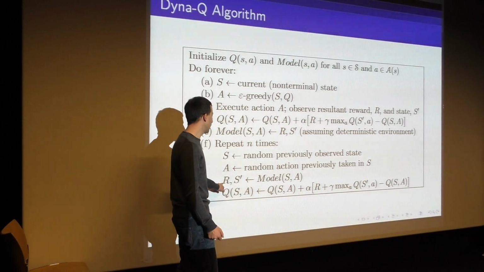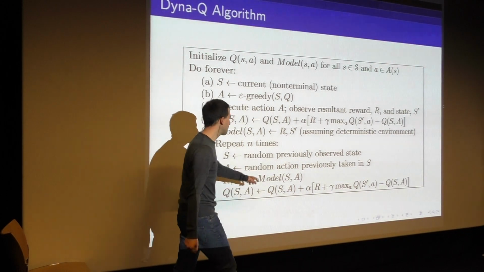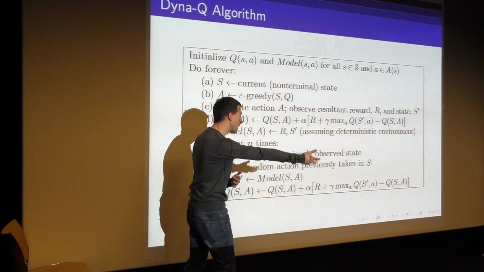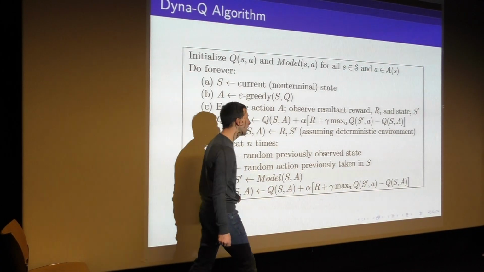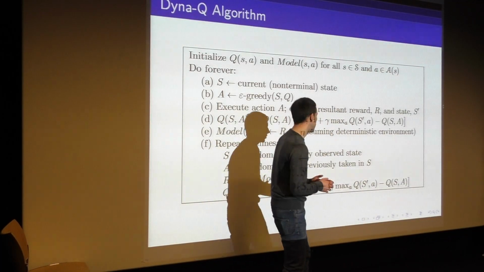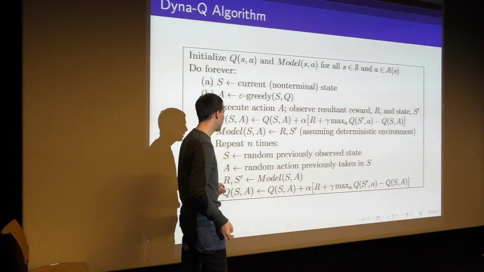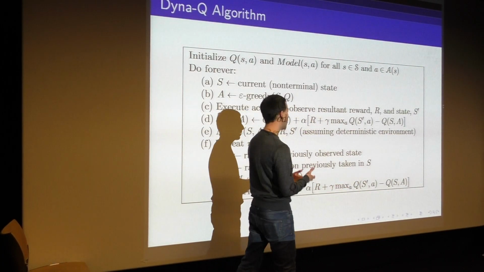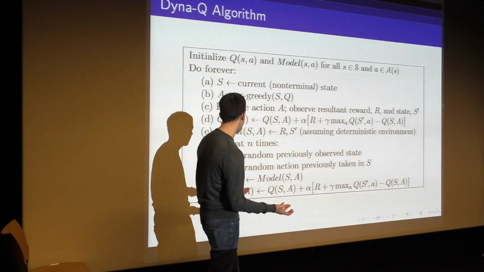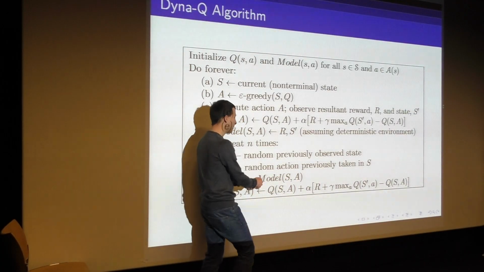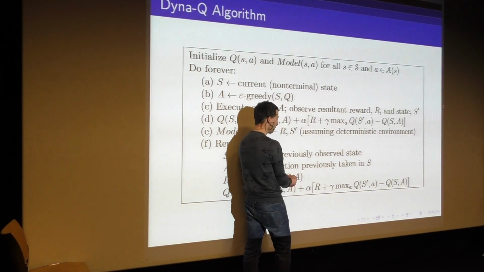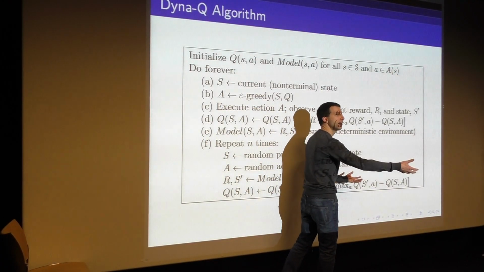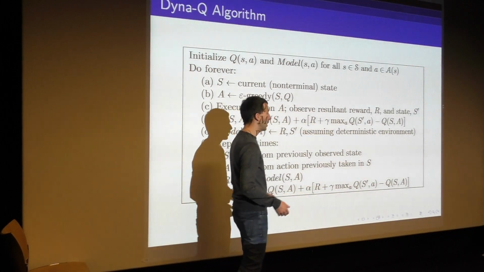We say, okay, according to my model, if I started in this state and took this action, I would get this reward and end up in this state. So let's imagine that transition, and let's apply a Q-learning step to that imagined transition. So if I imagine that I would end up in this new state S prime, then let's apply a Q-learning update to that, and update our Q values from where I started towards the reward plus the best Q value from where I ended up in my imagination.